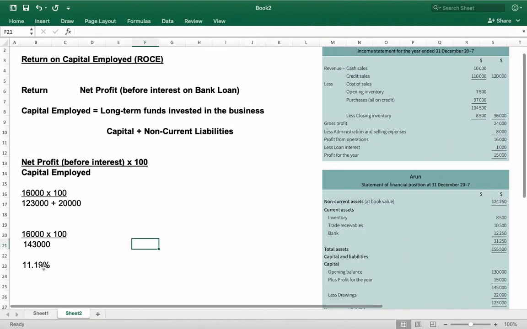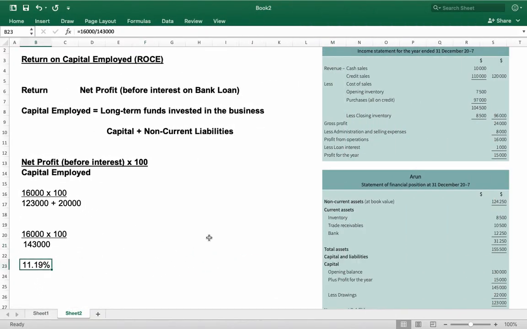Now we have to see what is the use of calculating this return on capital employed. Here we have calculated return on capital employed, that is 11.19 percent. Now what is the use? Let's assume in my business, as I told you earlier, $100 we employed.